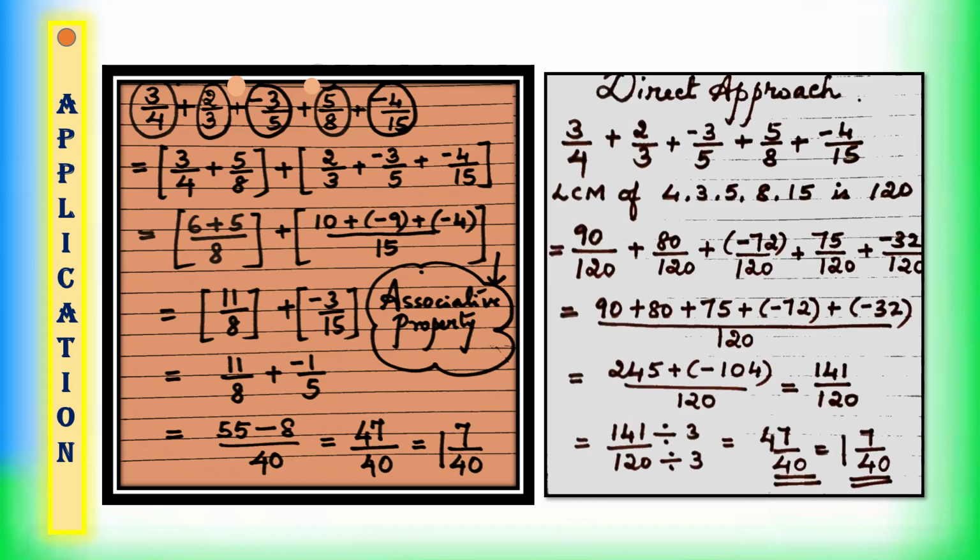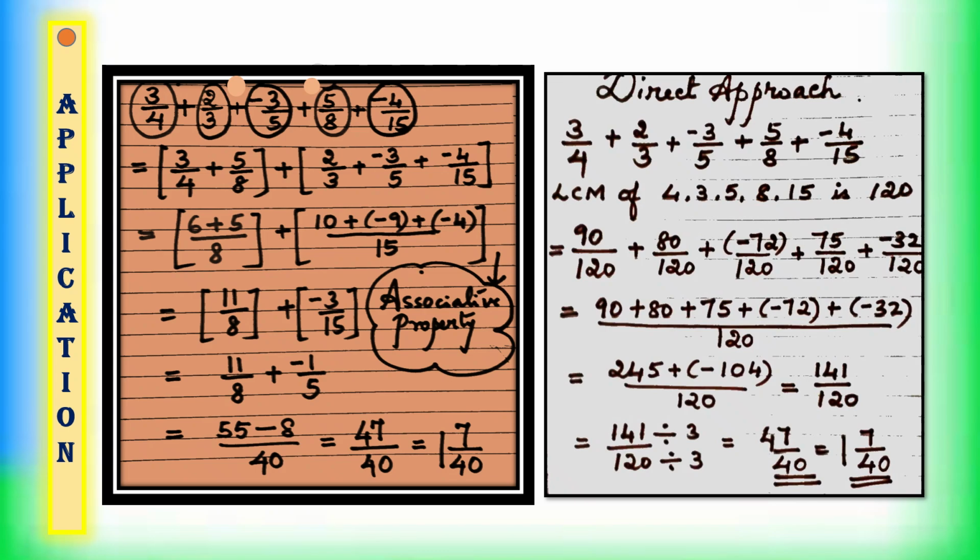We obtain the first bracket simplified as 11 by 8 and the second as minus 3 by 15. Simplify here itself, minus 3 by 15 is nothing but minus 1 by 5. Cancel. Simpler form. Now take the LCM, you get 40, a small LCM. And the answer is 47 by 40.